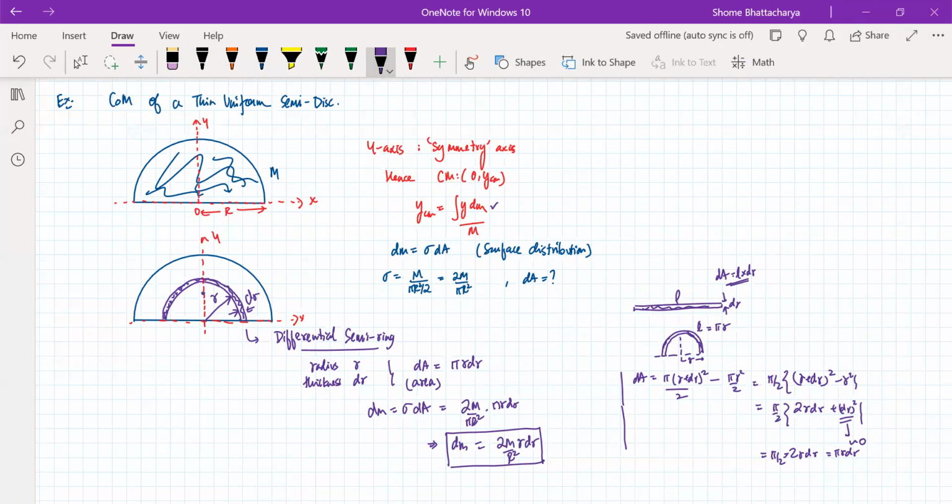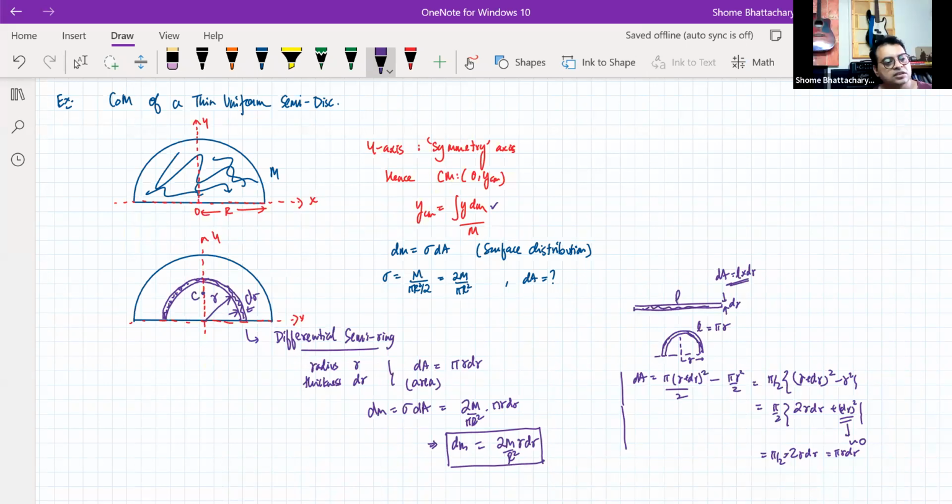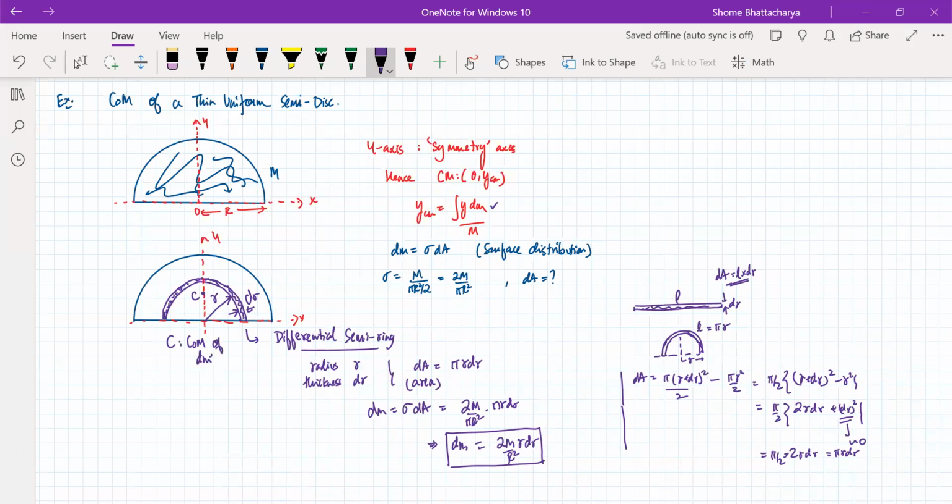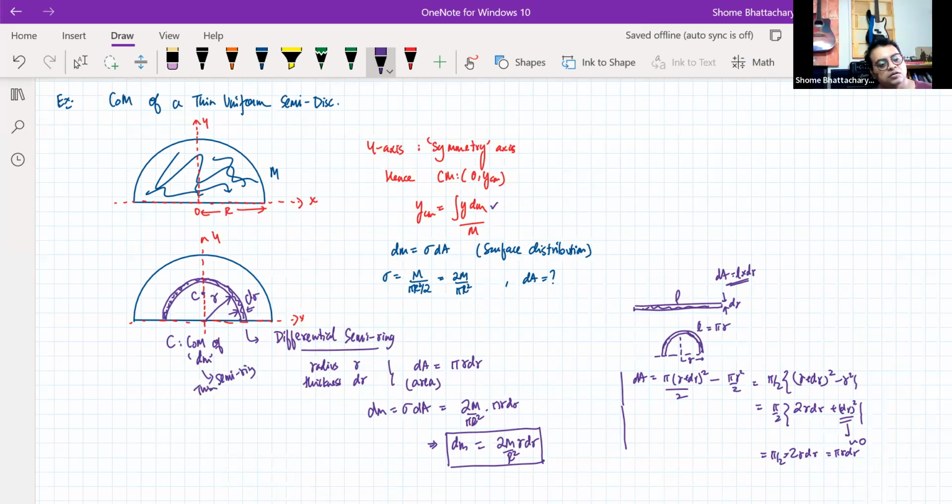So this C over here is the center of mass, but not of the disk. It is the center of mass of dm, which is the thin semi-ring. We know it is at y equal to 2r by pi from the previous derivation, so we'll make use of this.